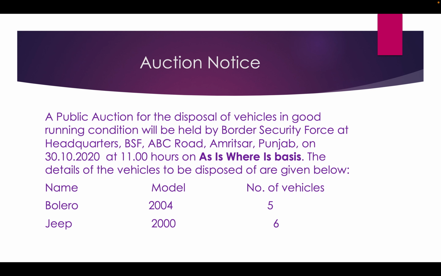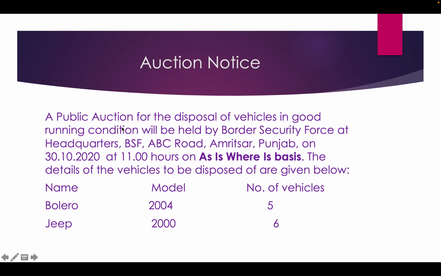I've taken up a sample auction notice to make sure that it is clearly understood by all the listeners. A public auction for the disposal of vehicles. In this sample notice, we are going to write an auction notice regarding the disposal of vehicles which are the property of a publicly owned organization, and now they need to be sold off.